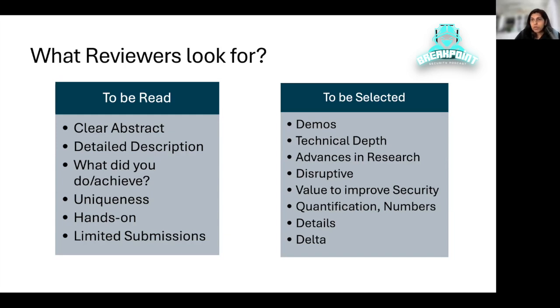One thing you can call out is the value it brings to improve security. So if you know that there are many other vulnerabilities in the same space for the same kind of tech stack, and yours is another one, maybe you can look at what is the USP it brings to the table, what is unique about it, how does it improve what has been already done in this field.